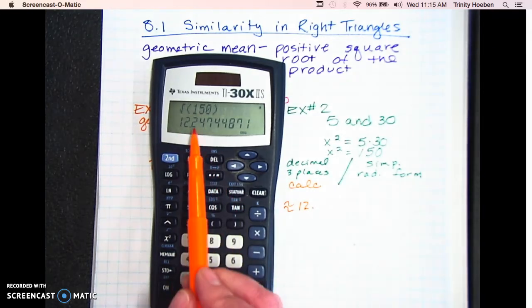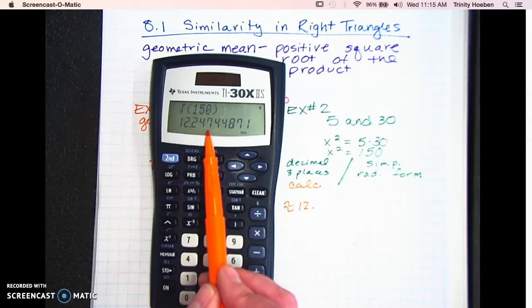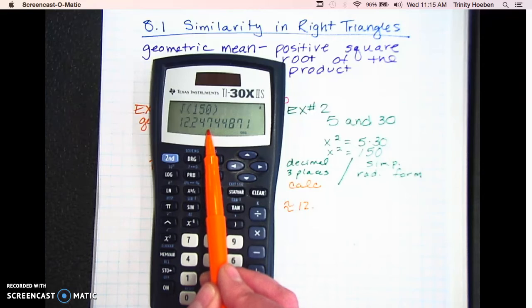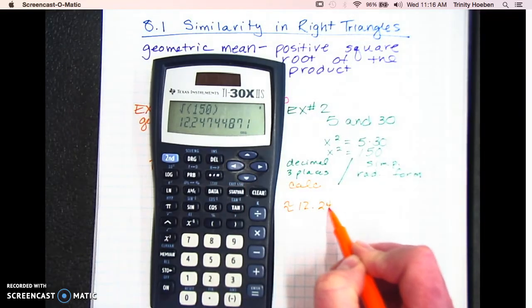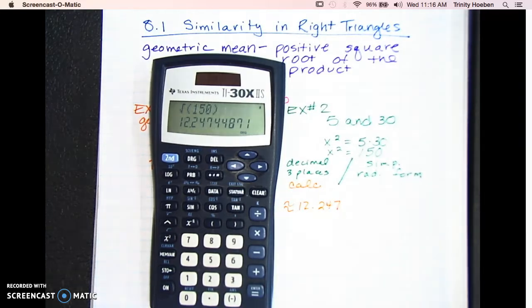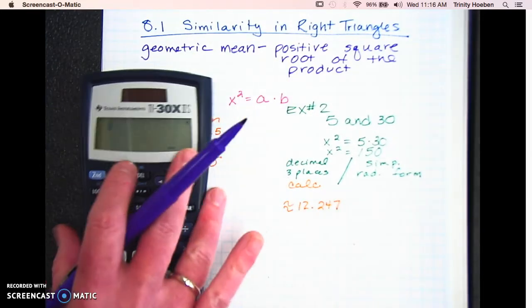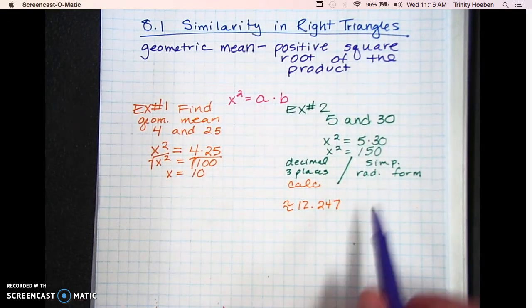And then after the decimal, you have 247, 44, 871. So that's either going to stay a 7 or it's going to round up to an 8. And how do you know? You look to the number right next to it. The number right next to it is a 4. So is it going to stay a 7 or become an 8? Stay a 7. So it should be 12.247. All right? That's how you do it on your calculator. If they ask for it to a certain number of decimals, they might say 3, 2, 4, whatever it is. Okay? So it's either going to stay or round up.